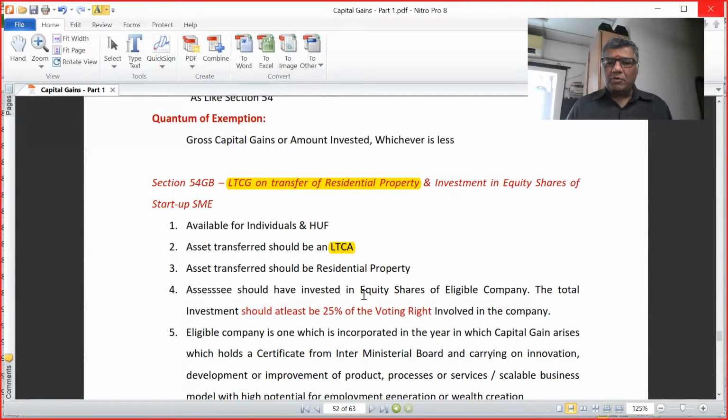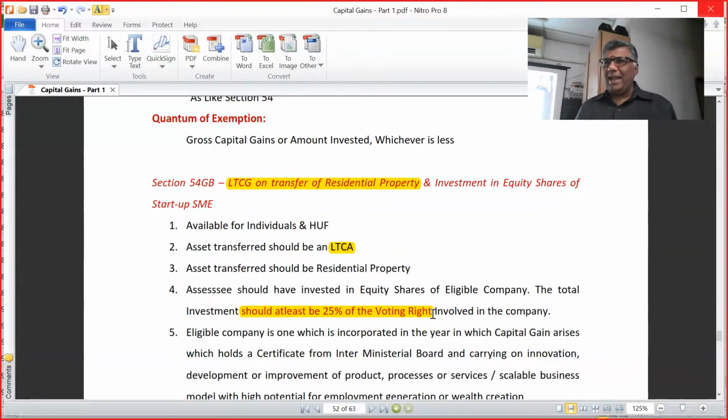The assessee should have invested in equity shares of an eligible company. We'll come to the eligible company later. And he should own at least 25% of the voting rights. When this section was introduced, it started with 76%, since it should be your own company. Then they brought it to 51. In the last budget, they have made it 25%.